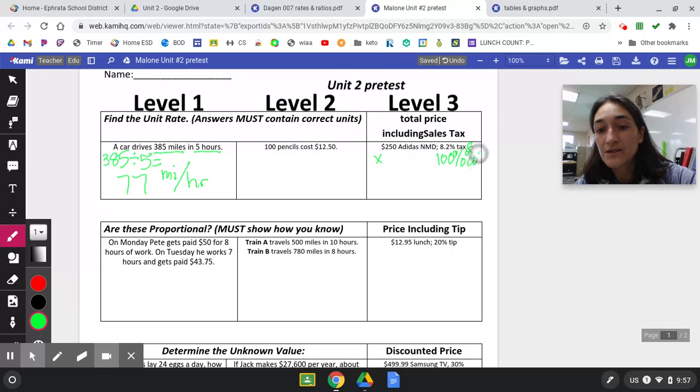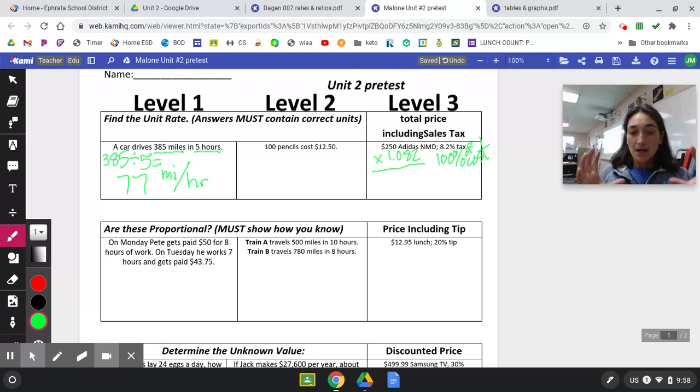So I am actually going to multiply my $250 Adidas shoes by 1.082, as a decimal. This actually gives me the 100% of the price, so the $250 shoes, and the 8.2% tax all in one math problem.